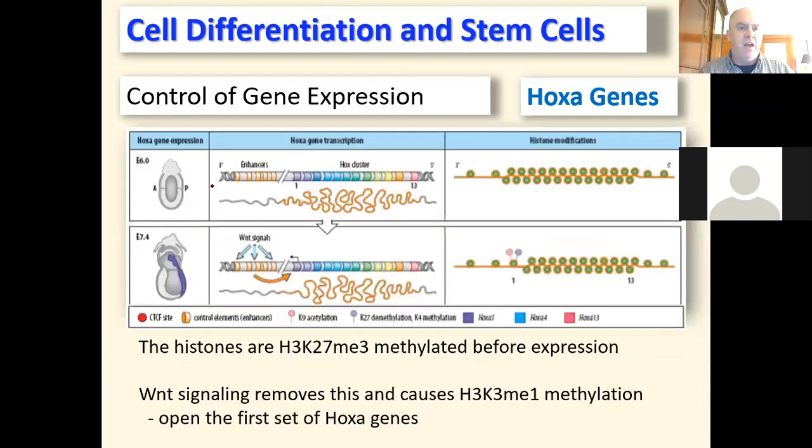So that can get turned on by Wnt because it will be responsive to Wnt. But then once that gets turned on, it changes the methylation of the rest of the chromosome in this 5' direction. So then it starts to open up other genes by activating that methylation change in the histones.